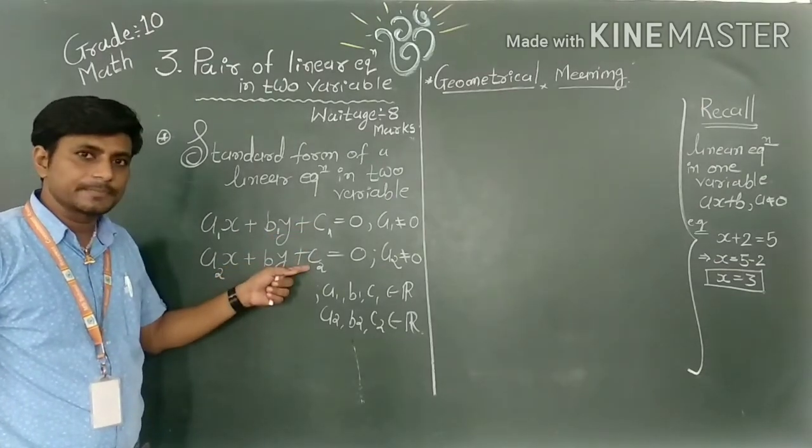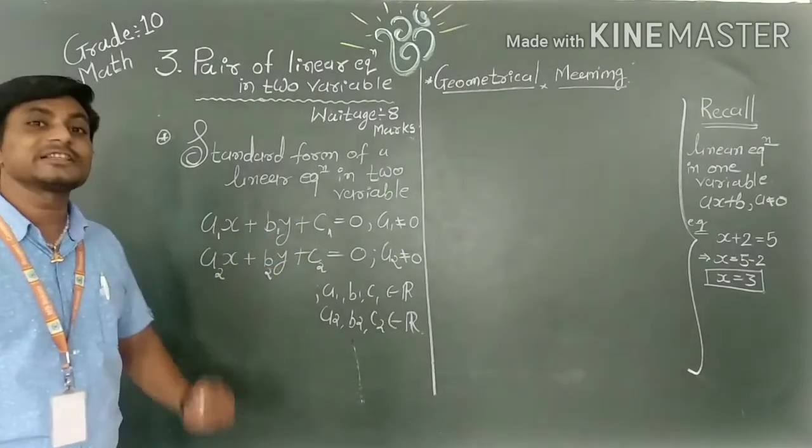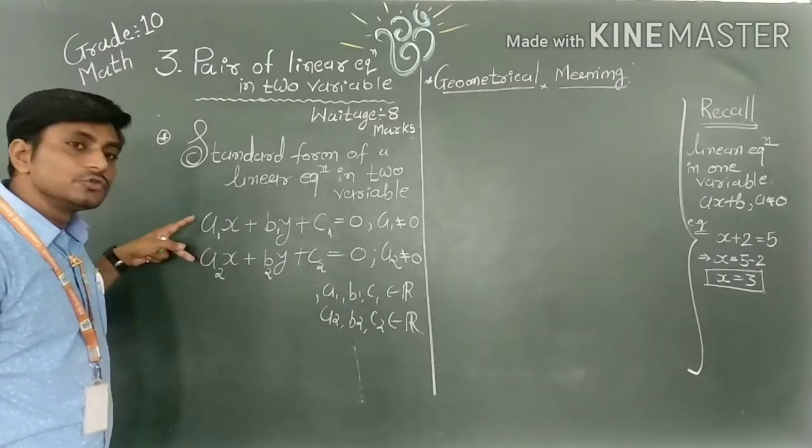If we compare the ratio of these two coefficients, the ratio of these two coefficients, and the ratio of these two constant terms, there are three possibilities between the two given equations.